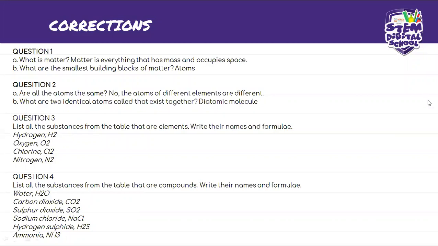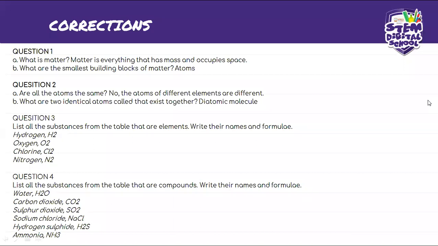Question 2 says, are all atoms the same? No, the atoms of different elements are different. Next, what are two identical atoms called that exist together? They are a diatomic molecule.